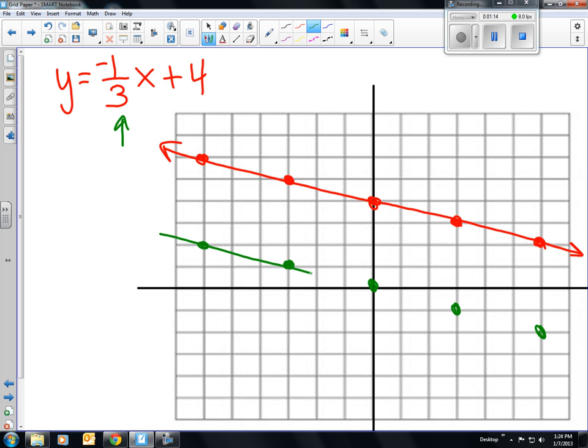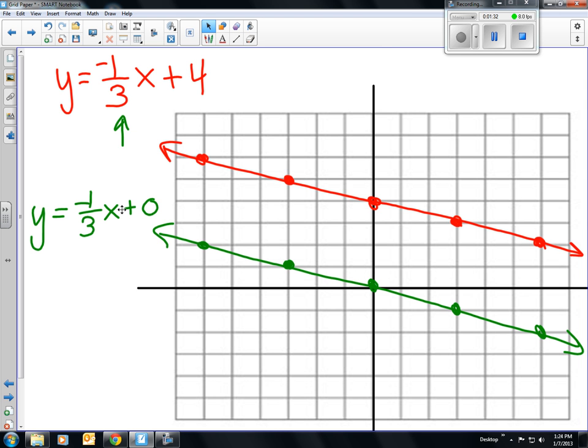Here the green line is parallel to the red line, and we can write its equation as y equals negative 1/3 x plus 0. You don't necessarily have to write the plus 0 there, but if you like, you can.